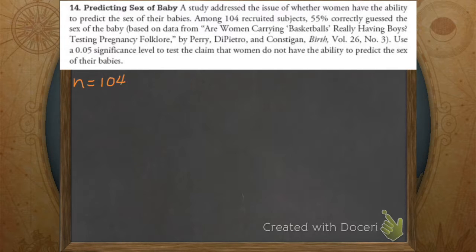Okay, so what? Our n is 104, and we have the percentage correct. The number correct is 57, because when you take 104 times 0.55, you get 57 and change, but it rounds. And then the number of women that guess the sex of their babies wrong is 47.